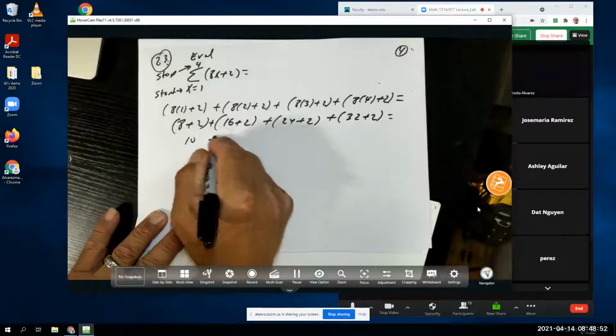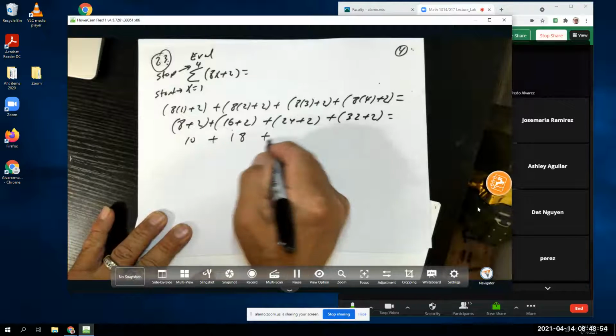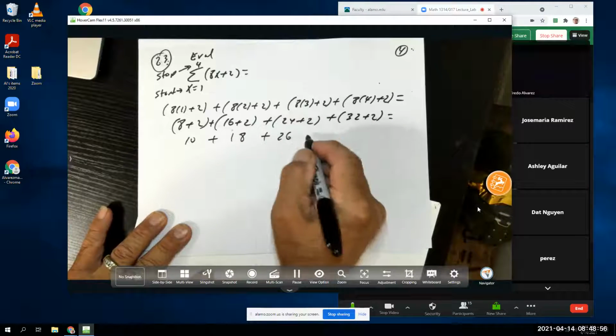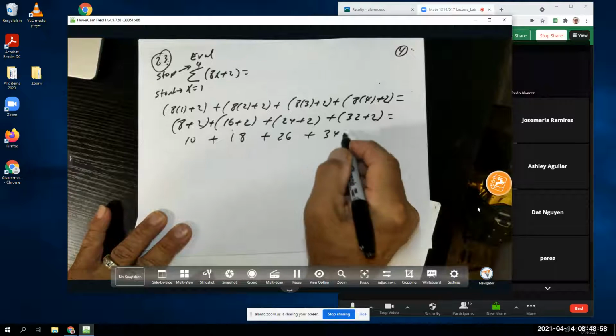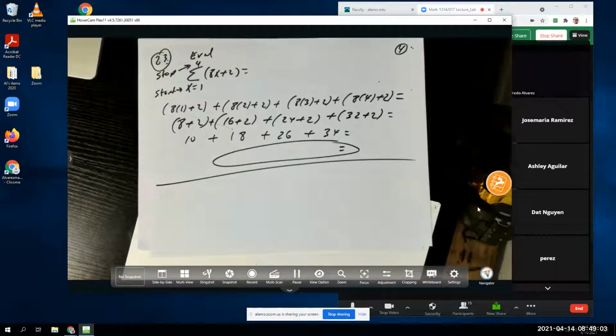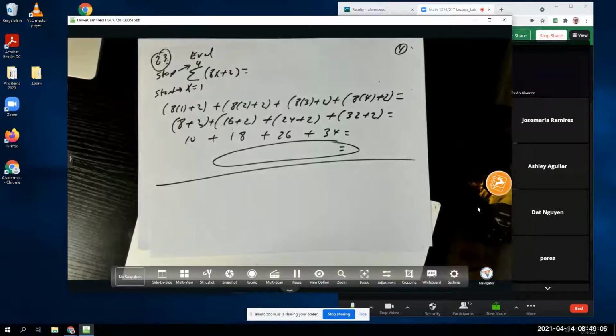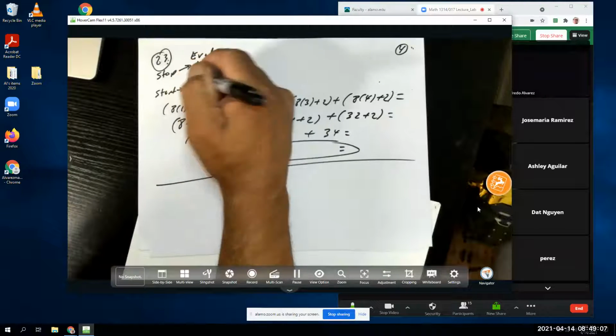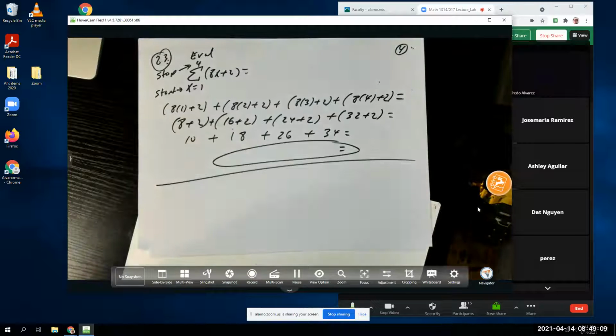So 10 plus 18 plus 26 plus 34. And then calculator, I don't know, what is that number? What is that? The answer. Tell me. All those numbers added together is how much? Did y'all get it?